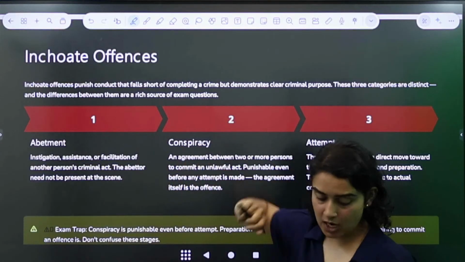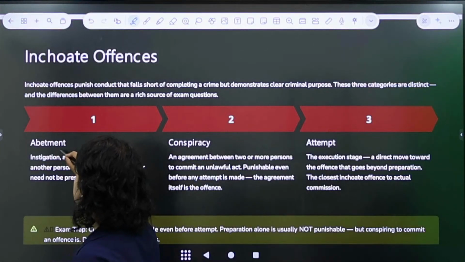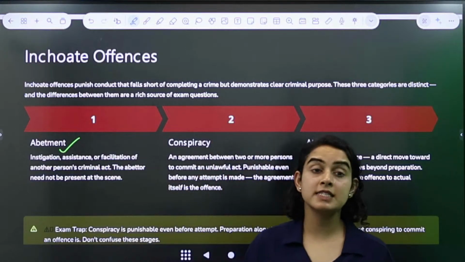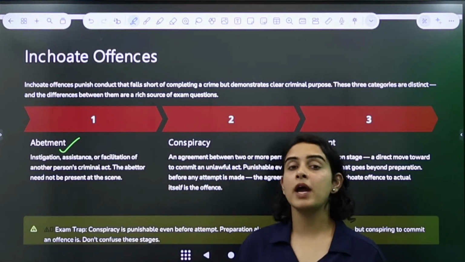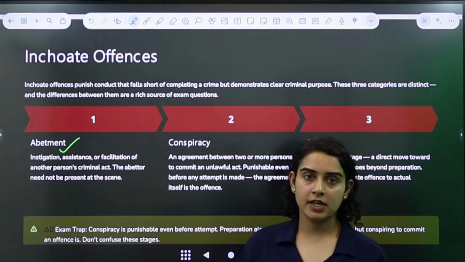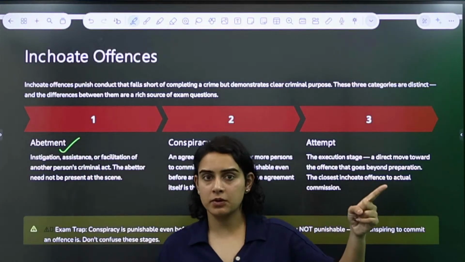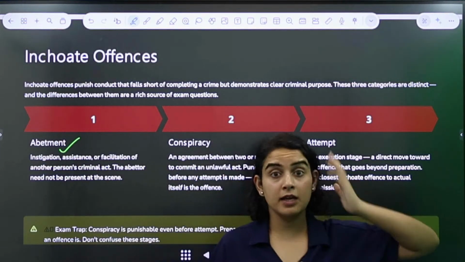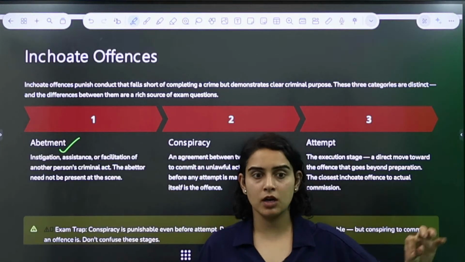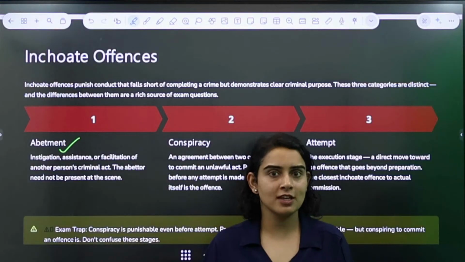Now let's understand how that works. First things first, the first crime is abetment. Abetment basically means where you instigate someone or you help someone, you're assisting someone to commit a crime, right? If I'm provoking you that, oh, you know what, this person said that about you, and that's so bad, had I been in your place, I would not have tolerated it at all, I would have shot him, and I would have said such things.